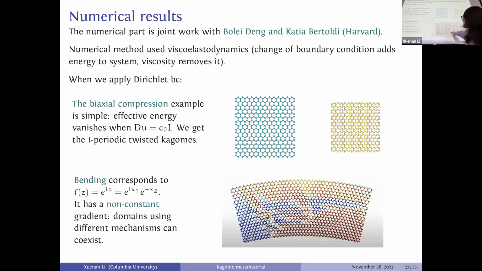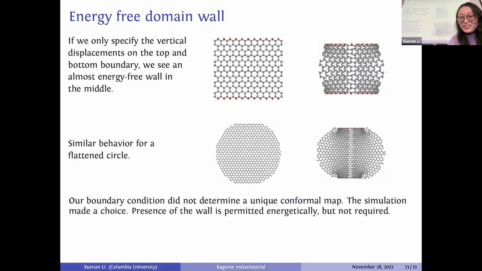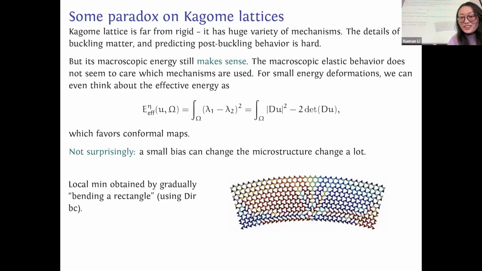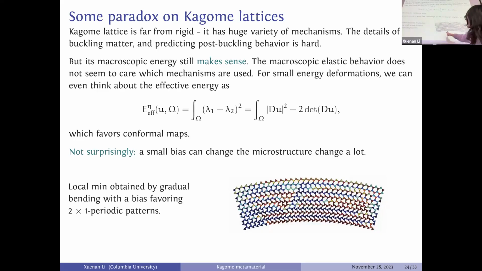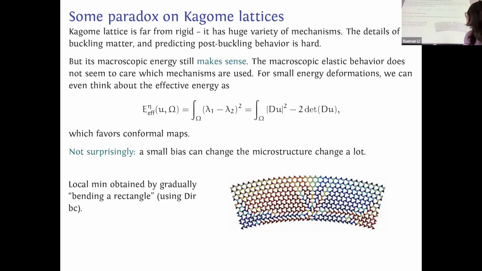And then the ones you showed later looked like almost every other triangle was blue or red. Oh, this one is because you have the two periodic forming here. This one is mainly two periodic, and this other one is forming mainly by one periodic.